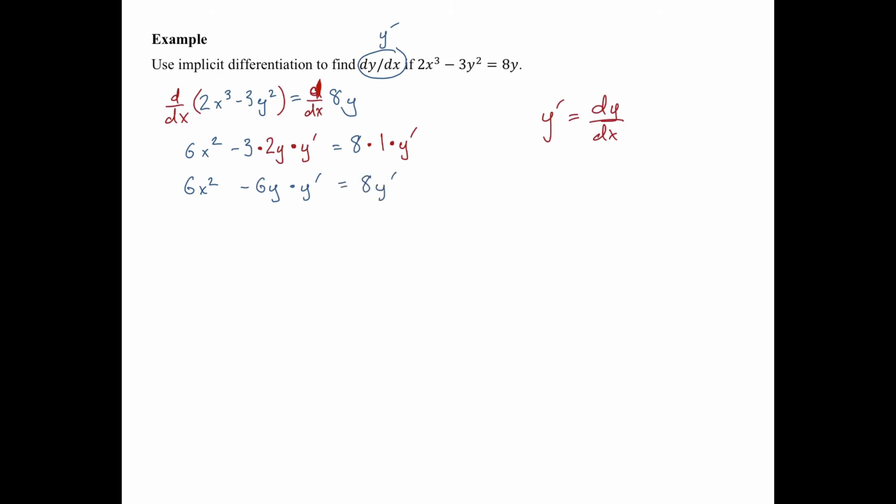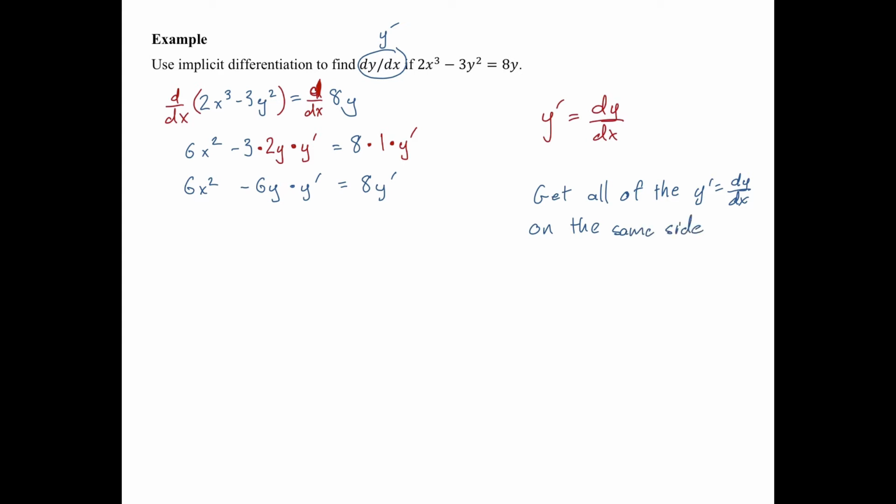Now, we're going to need to solve for y prime. So what we'll do is get all of the y primes, which is the same thing as dy dx, on the same side.